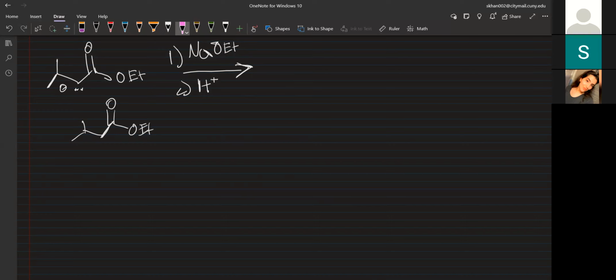Draw an arrow, right? It's going to kick up this way. Obviously, in the second step, part would just kick off. Now we have our basically new alkyl structure, right? So draw it a little.